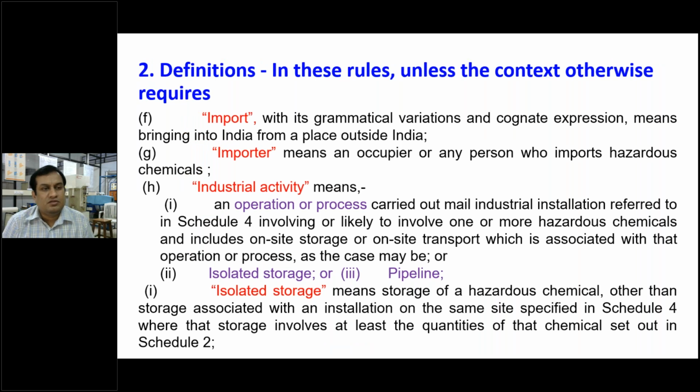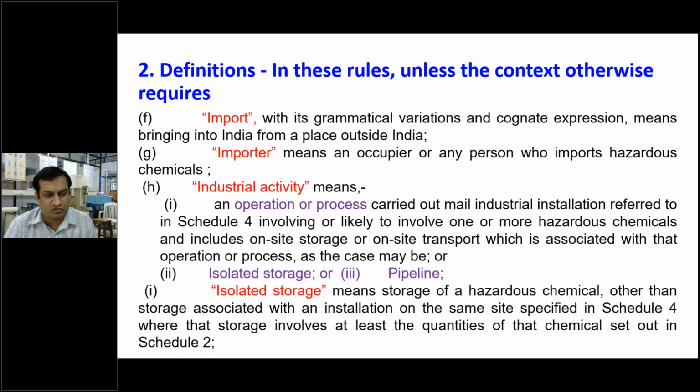Then the definitions like import. So we already know what exactly import means. Whatever material or something else which is brought into India is called import, and the person who is involved in that activity is called the importer. Then industrial activity. So some of the operations or processes and some isolated storage or the pipelines which are related to the hazardous chemicals are called industrial activities.